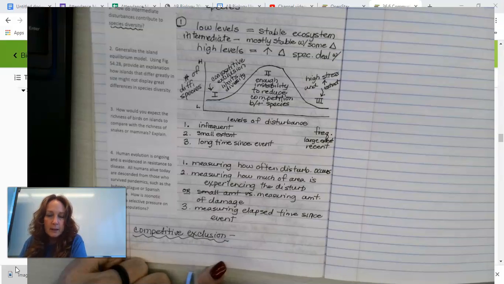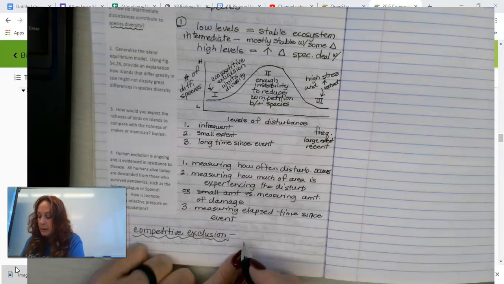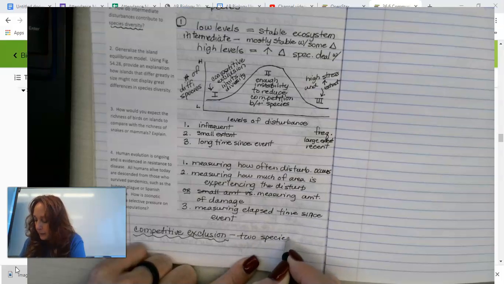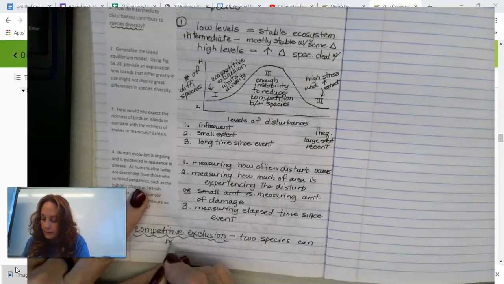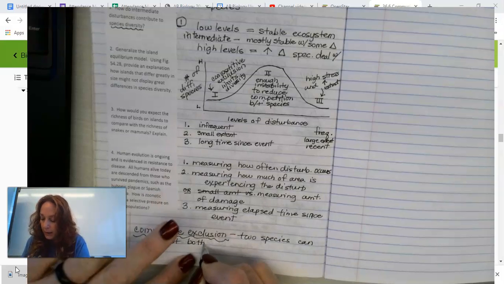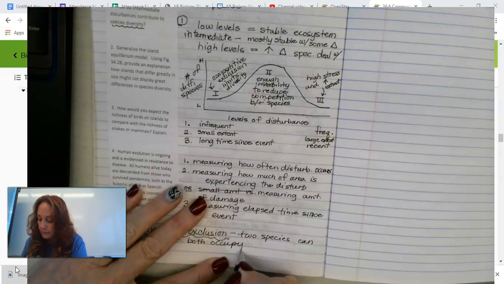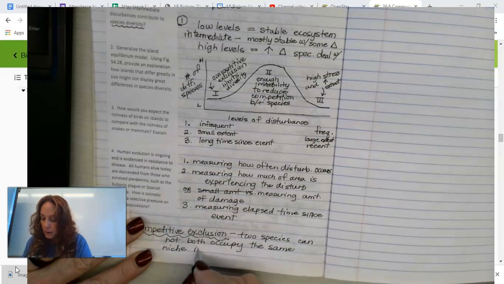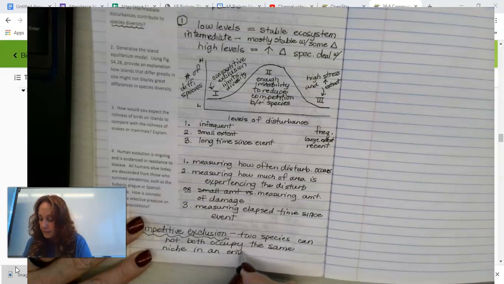The real world is, I outcompete you, and therefore you don't exist and do your job here. You better go figure out if there's a place where you can do that someplace else. So these two species cannot both occupy the same niche, remembering that that's the role in the ecosystem in an environment.